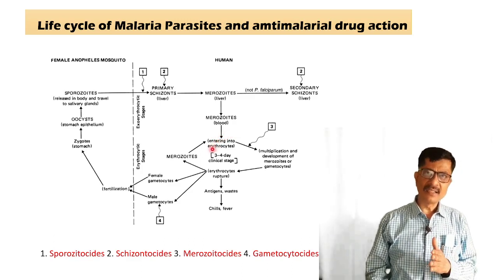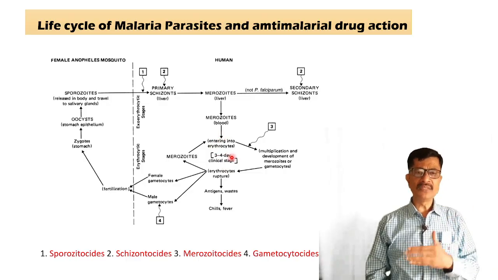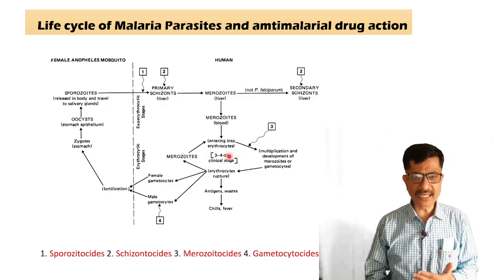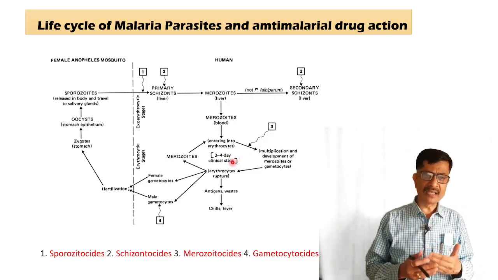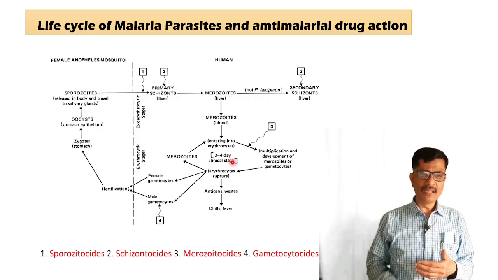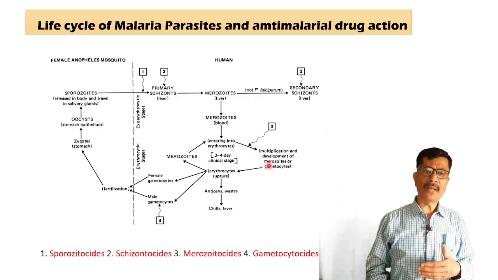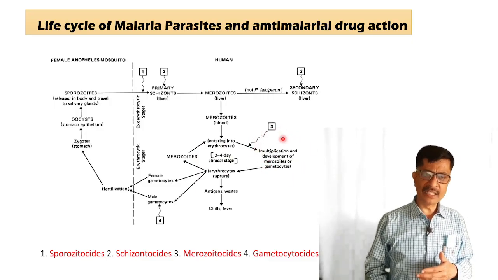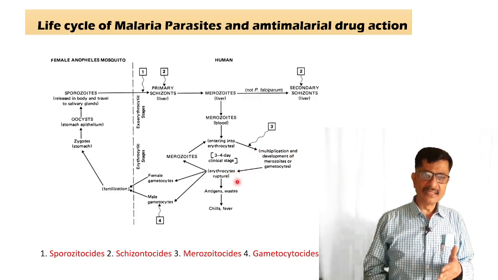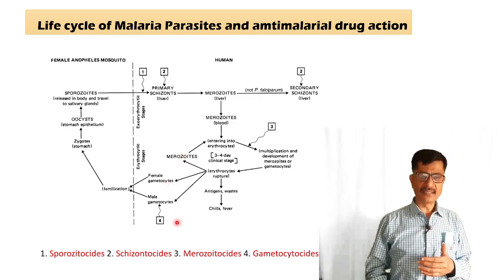In the blood, they enter the erythrocytes, where they consume the components of the erythrocytes, multiply and develop into more merozoites as well as gametocytes. After rupture of the erythrocytes, due to multiplication of the merozoites, it releases merozoites, male gametes and female gametes.